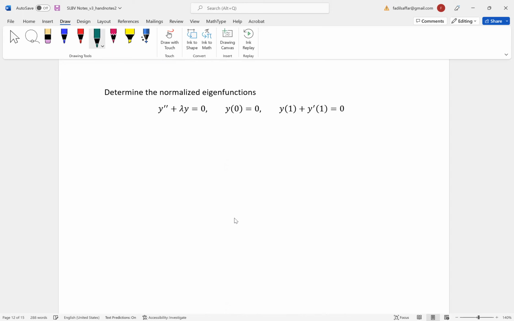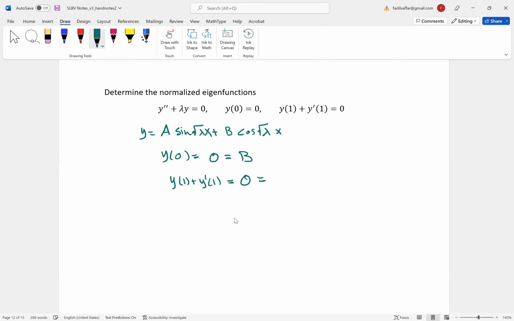This is a very typical equation, and we know by heart that its solution is a sine square root of lambda x plus b cosine square root of lambda x. We need to apply the boundary conditions, and that gives b equal to 0. And now we need to apply the second boundary condition.